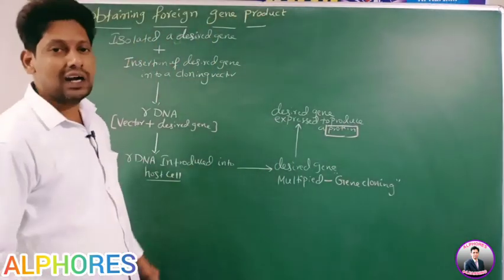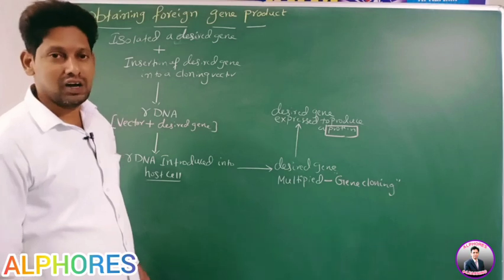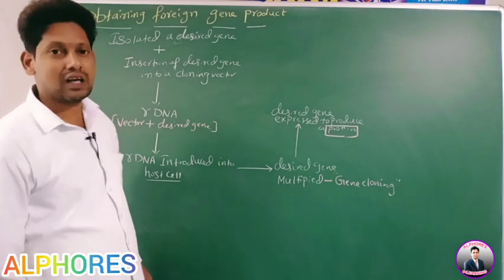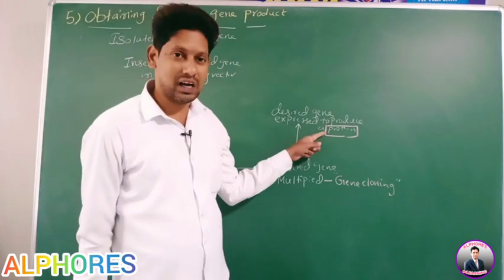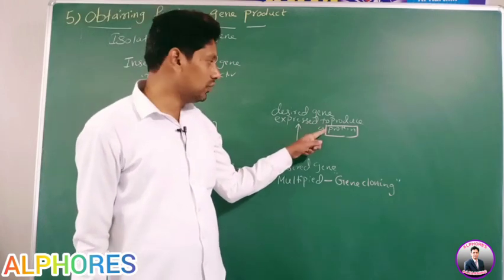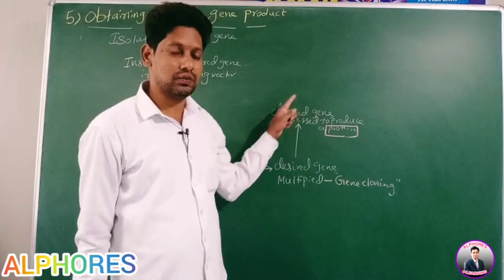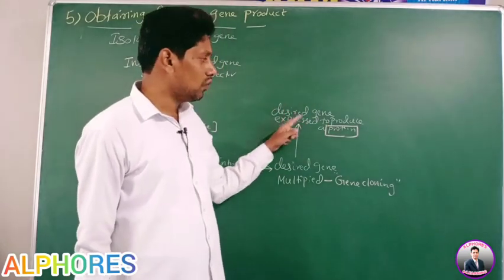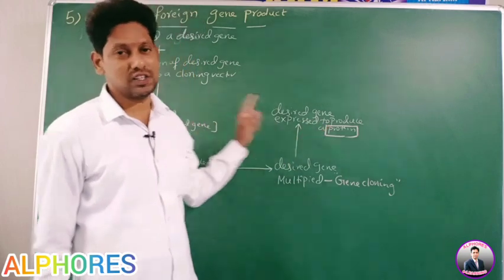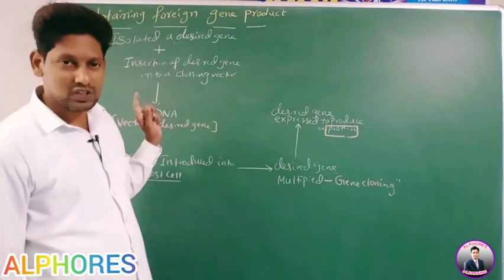Is it okay? Ultimate aim of many rDNA technologies is to produce a desired what? Protein. But to produce a desired protein, the gene should express. Then only a desired protein is produced. Is this statement okay?